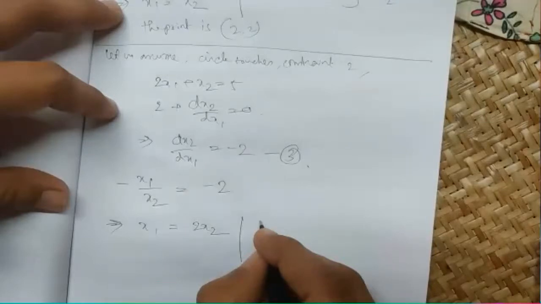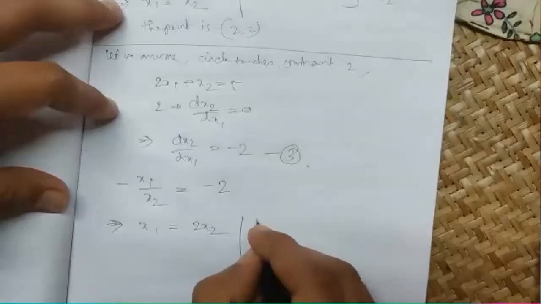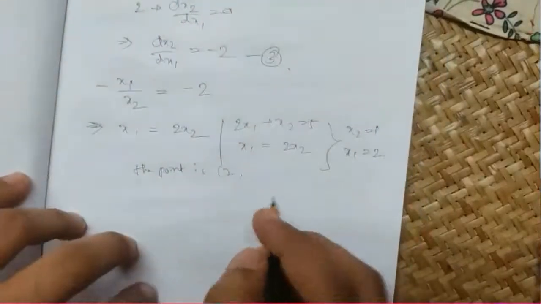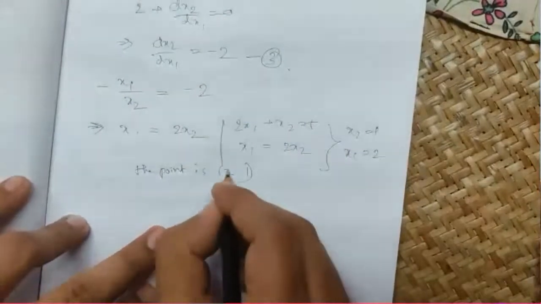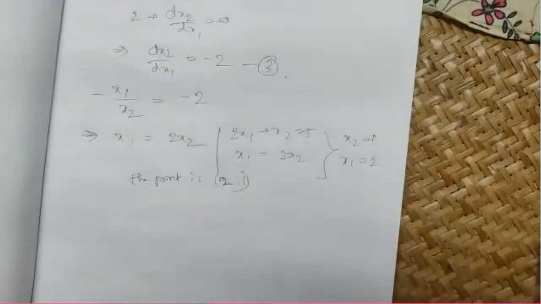Another one we got, x1 equal to 2x2. Upon solving them we get x2 is equal to 1 and x1 is equal to 2. So the point is 2 comma 1. So we have got two points, 2 comma 2 and 2 comma 1.